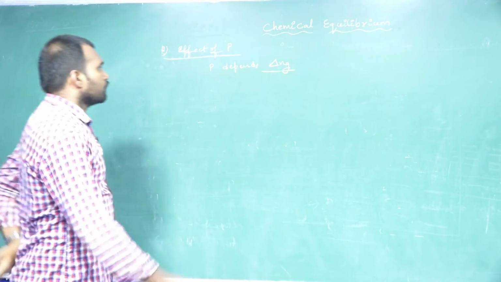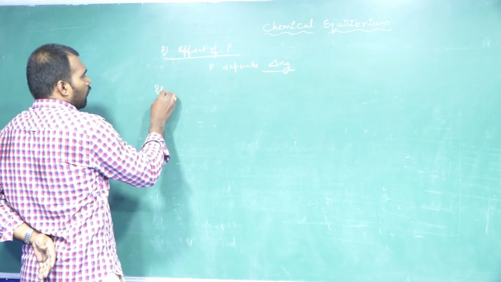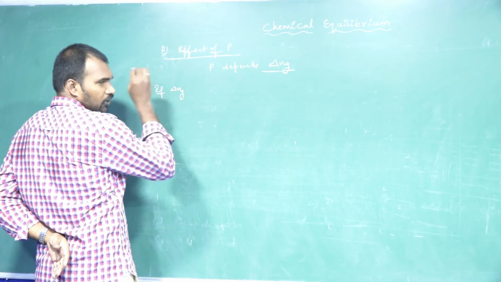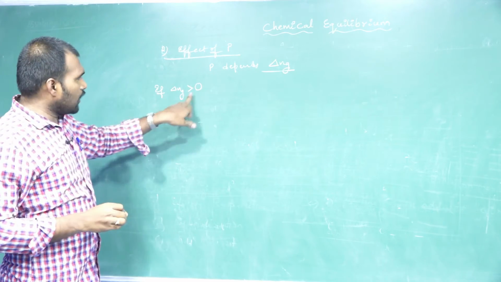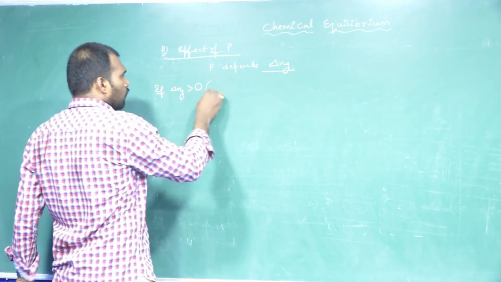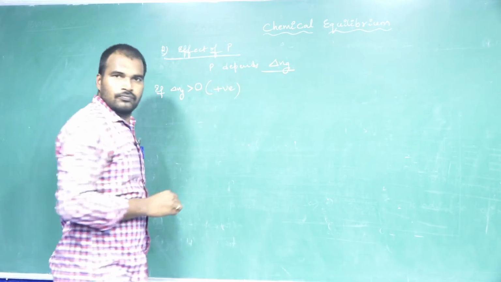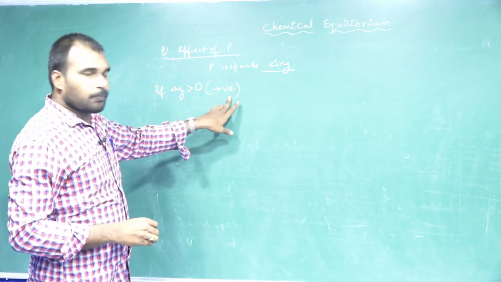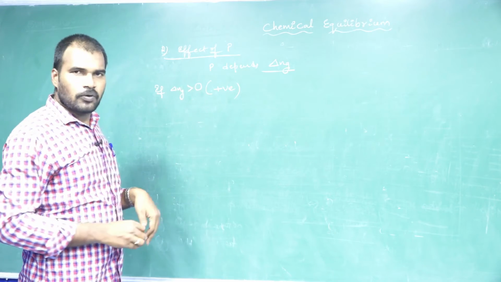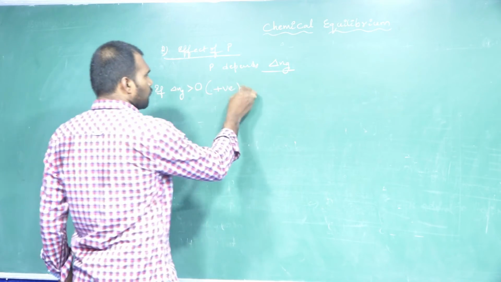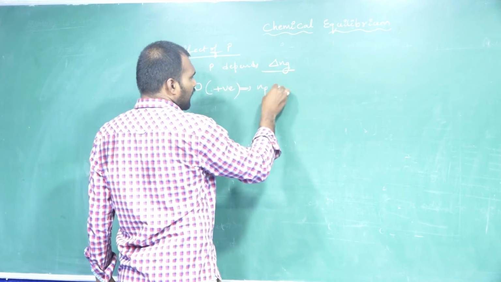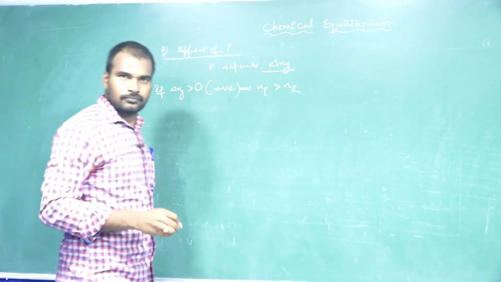Let us see how. If delta Ng value is greater than 0, that means positive, when the number of moles of products are greater than reactants. This is possible only when Np is greater than Nr.